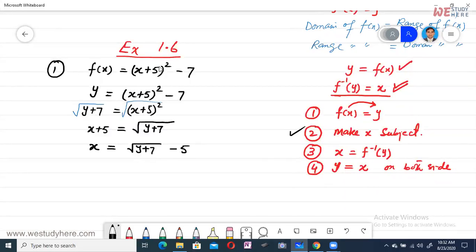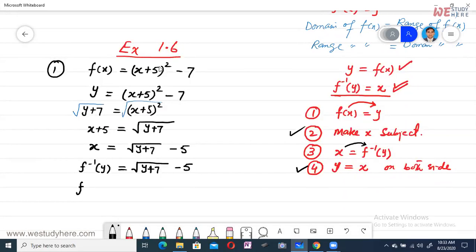Now in the third step, in place of x we write f inverse of y. f inverse of y is equal to square root of y plus 7 minus 5. Now in the fourth step, we replace y with x on both sides.